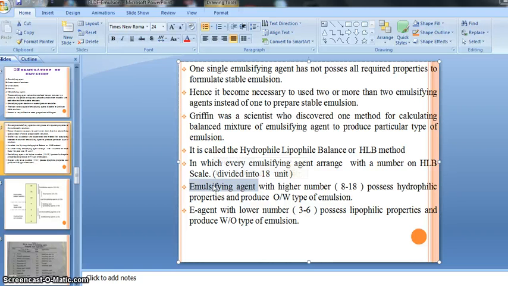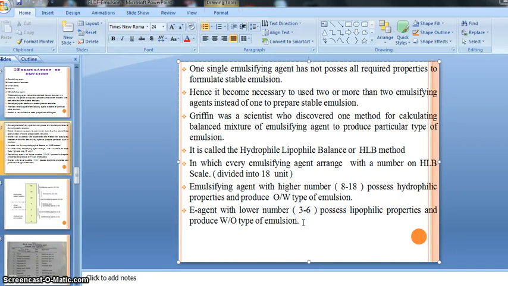Similarly, the numbers from 3 to 6, these emulsifying agents possess lipophilic properties, meaning they are soluble in lipid, attracted toward lipid, or absorb lipid, and are used to prepare the WO type of emulsion.